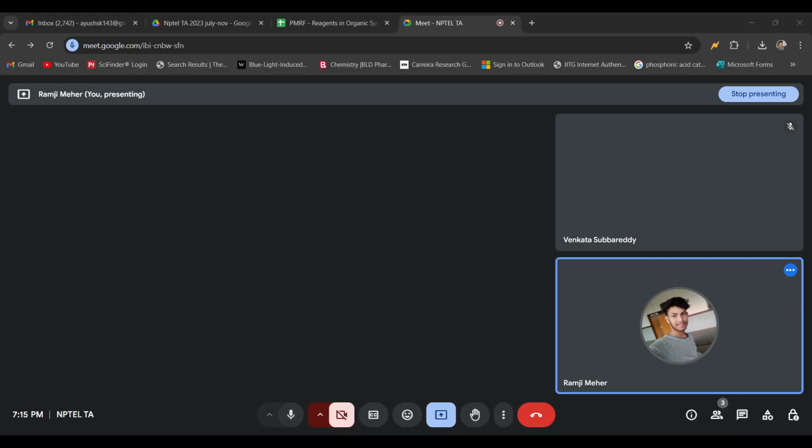We have N-butyl tin hydride and this radical, which will abstract the hydrogen, and followed by that you will get the tri-N-butyl tin radical, and that radical is responsible for the further generation of your radicals. So N-butyl tin hydride and AIBN react with each other and give the corresponding tri-N-butyl tin radical.